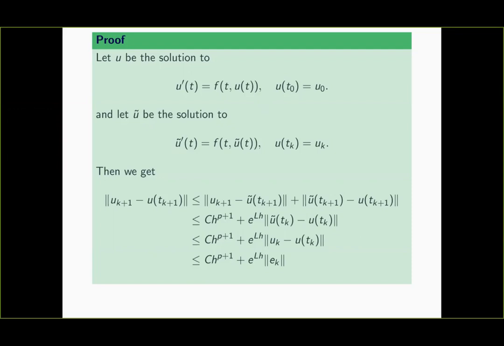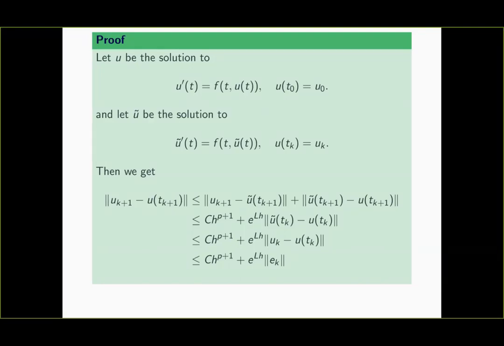And furthermore, let u tilde be the solution to an auxiliary problem, namely the same differential equation, u tilde prime of t equal f of t, u tilde of t, with initial condition u tilde at time tk equal uk. We wanted an upper bound for the Euclidean norm of uk plus 1 minus u at time tk plus 1, the Euclidean norm of the global discretization error at time step tk plus 1.